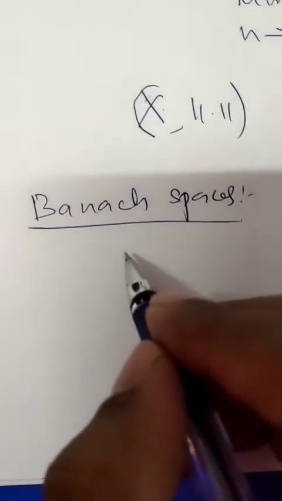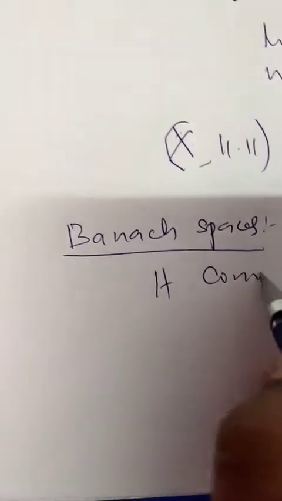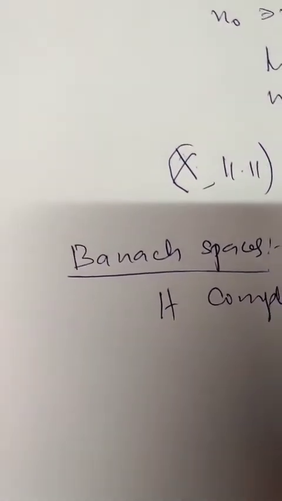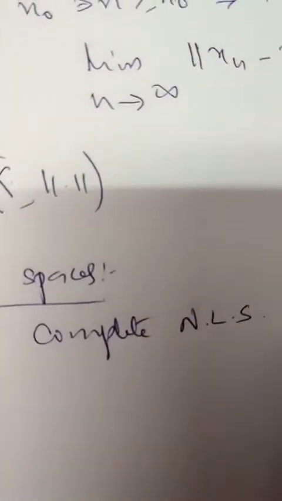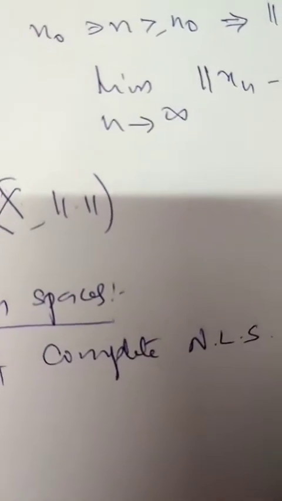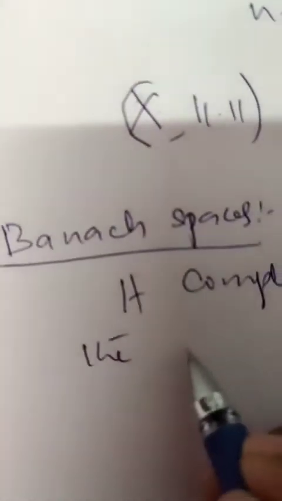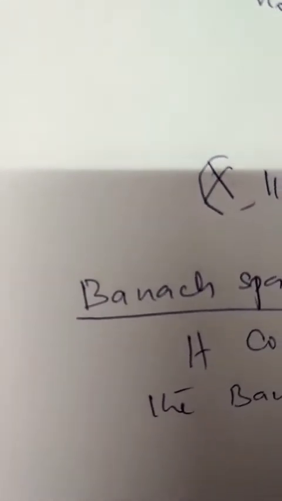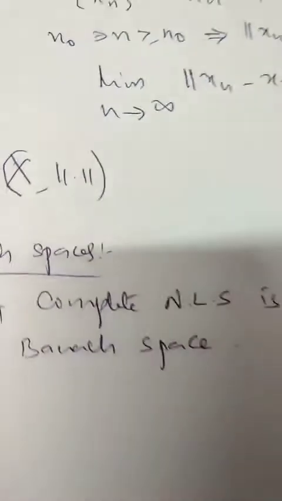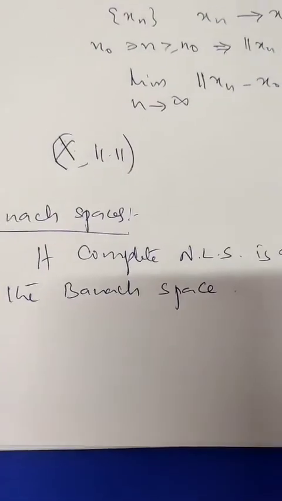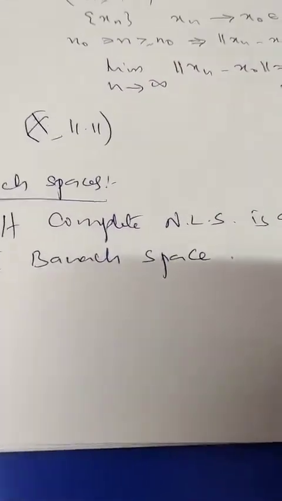A complete normed linear space is called a Banach space.